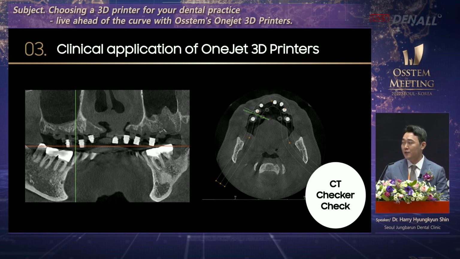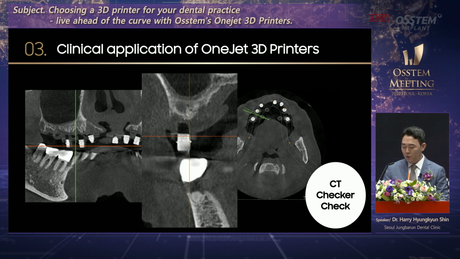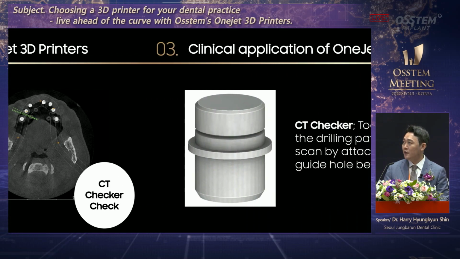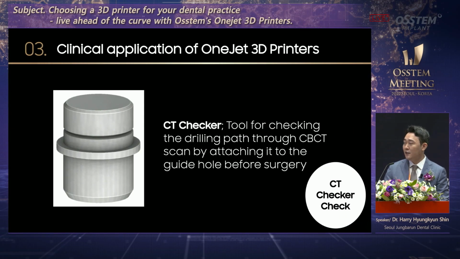So there is a tool called the CT checker. After printing the guide, the patient is called in again and the CT checker is used. So in the implant studio, you check whether the estimated position is actually realized.